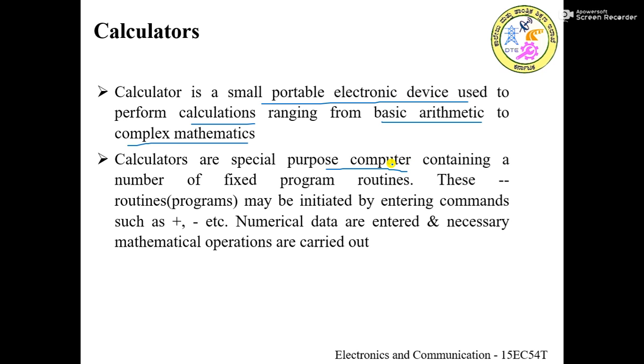In a similar manner, in calculators also we find some fixed program routines, as well as input devices like keypads, and output devices like luminous displays such as the 7 segment display, or in modern calculators LCD displays, to showcase the results to the user.